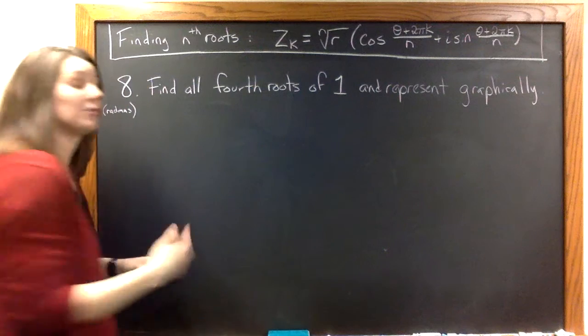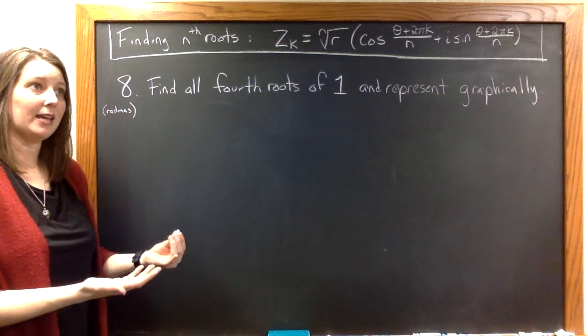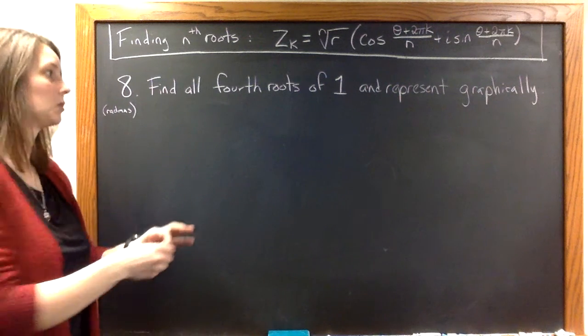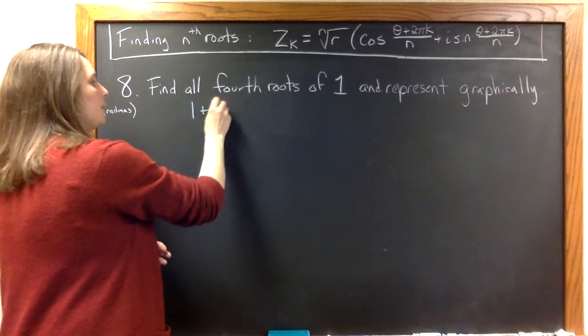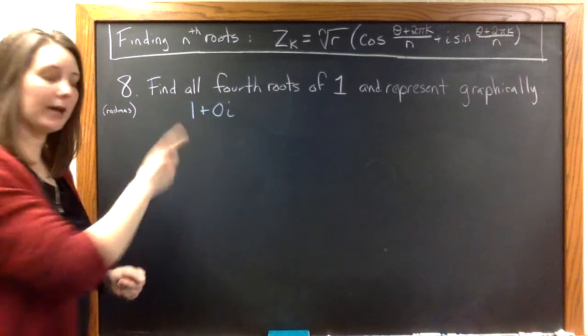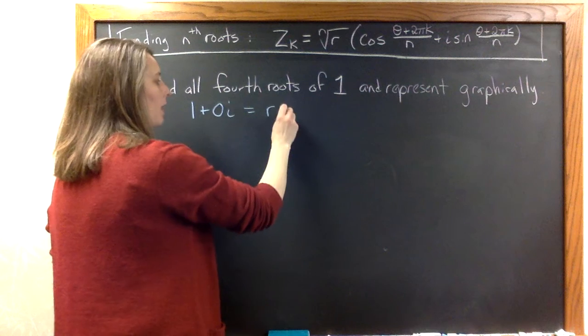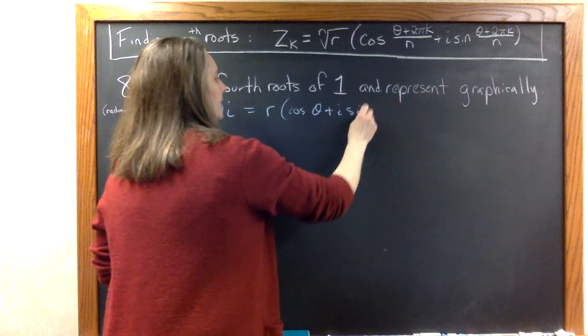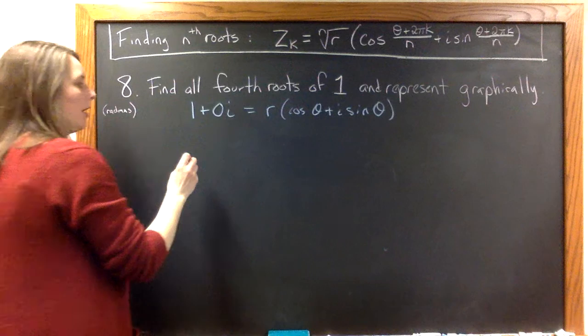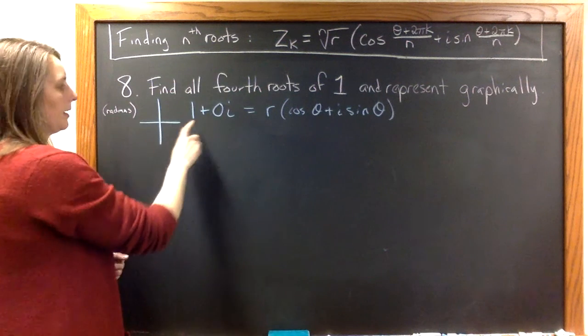Now, in order to do this, we need to be in our trig form. So what we have right now is 1 plus 0i. We want to write that in trig form, so r cosine theta plus i sine theta. So let's graph that real quick.